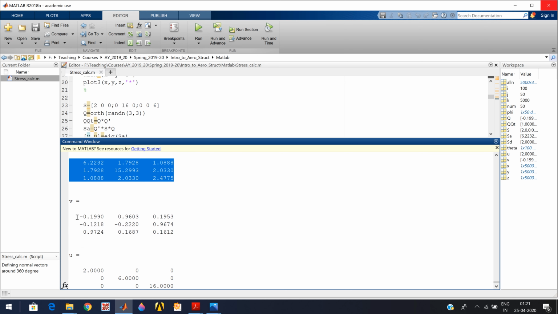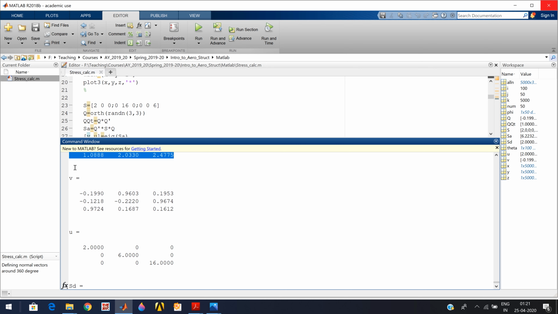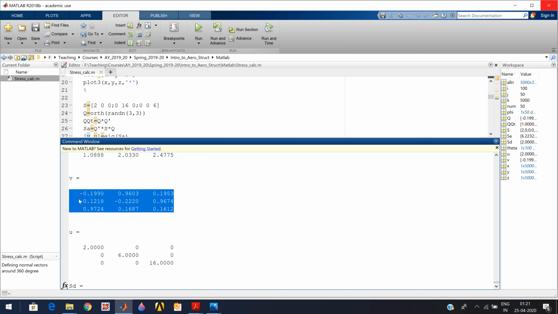And then this is the eigenvalue result of that new SA. So these are the eigenvectors 1, 2, and 3, and these are the eigenvalues. You can see it is giving the same eigenvalues 2, 6, and 16. That means the eigenvalues don't change.